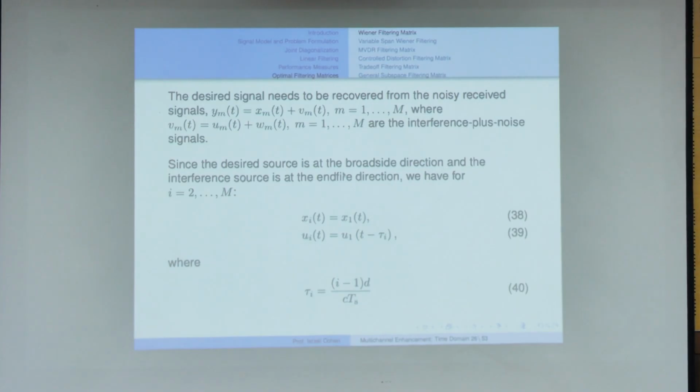But for the interference it's not the same, because the interference comes from this direction, from the end fire, theta equals 0. So if the interference comes from here, the correlation between samples depends on the delay, how long it takes to propagate from one sensor to another. So you see, this is the relation of a sample at time t compared to the sample at time t minus tau in the reference sensor. This is the reference sensor, number 1.